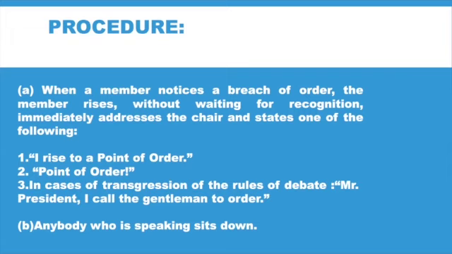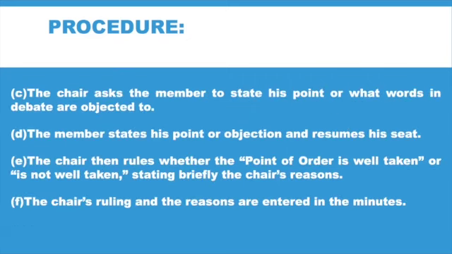Now, with this point of order, please be careful. A lot of people confuse this with another motion. You must have had a breach in order. So make sure that there was actually a breach before you just stand and say point of order. After everyone sits down, the chair asks the member to state his point or what words in debate are objected to.